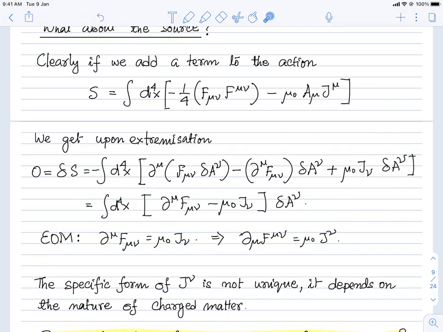We have to be careful to set boundary conditions up to total derivatives. Then this object is gauge invariant if the 4 divergence of this j mu vanishes. Or in other words, you can say that the gauge invariance of this term implies that this current must be conserved, or the divergence of this current must be equal to 0.